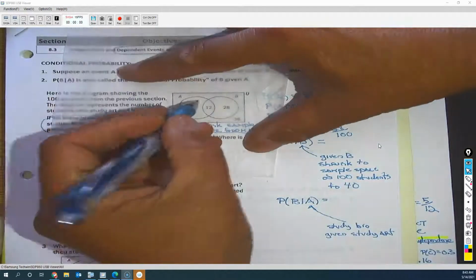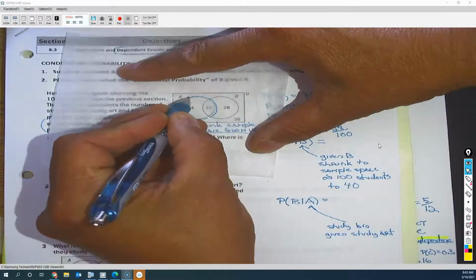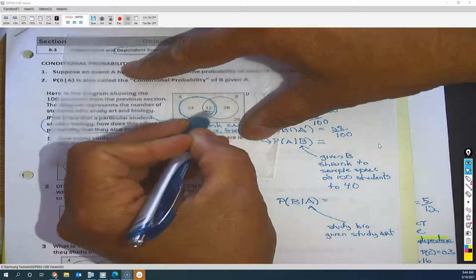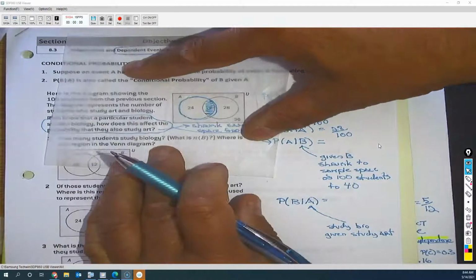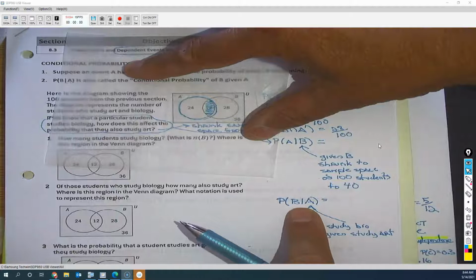So instead of the sample space being 100, the sample space is only going to be 36, and out of those 36, 12 study biology. That's what this probability would be.